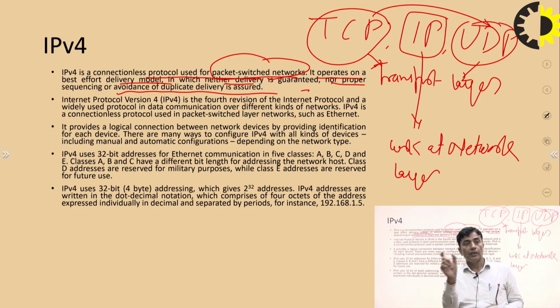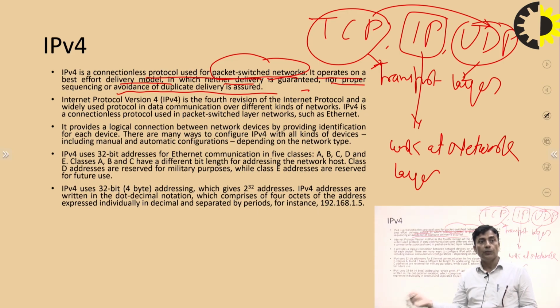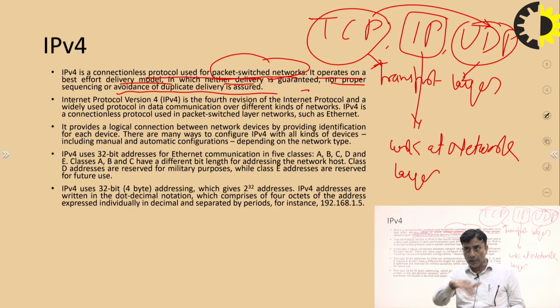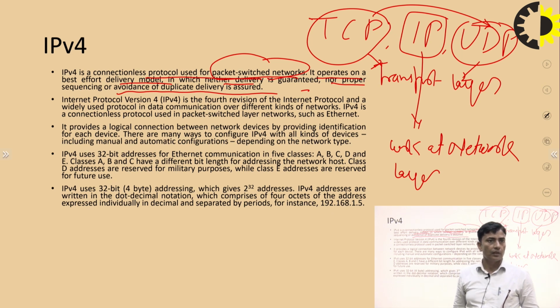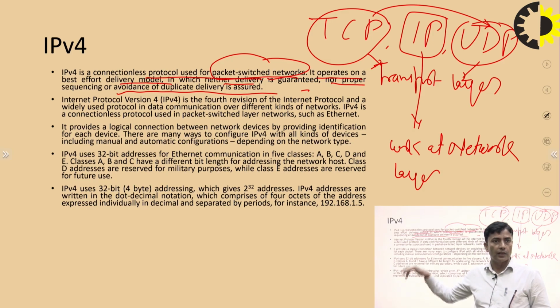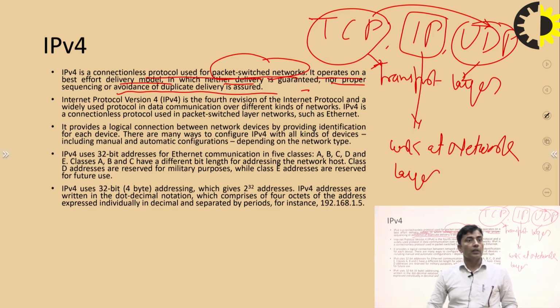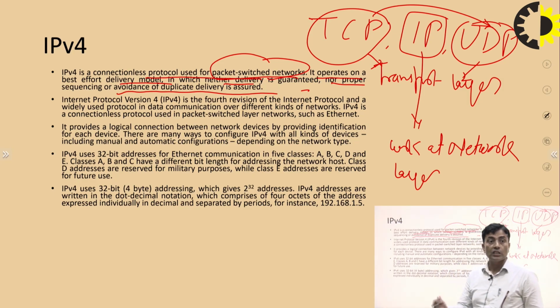Why? Because there may be congestion on the path followed by the first packet, and the second packet can be delivered before the first packet, because the route followed by the second packet is congestion free. So it is smoothly delivered at the receiver. That is known as out of order delivery, without sequence. A packet can be delivered without sequence. So that is a problem.